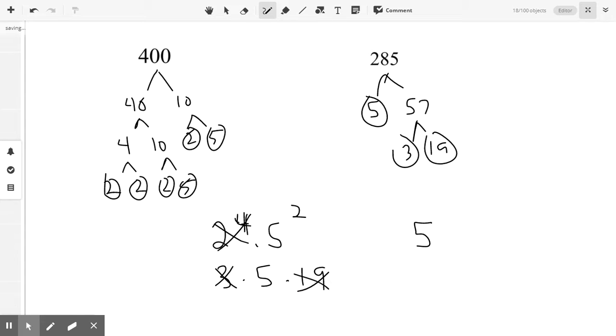I'm not going to use 19. Now, which is the smaller value of 5? That's what I use, which is 1. And all I have is 5 to the first power, so the greatest common factor of these two numbers is 5. All right, I would have thought it was a bigger number between those two, but it is 5. All right, that is greatest common factor.